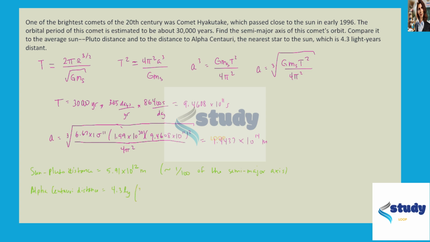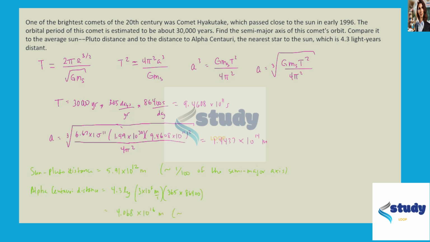So we'll multiply by 3 times 10 to the 8th meters per second, and again we'll do that same 365 days per year times 86,400 seconds, which you can get by taking 24 by 60 by 60. And I got that distance to be 4.068 times 10 to the 16th meters.